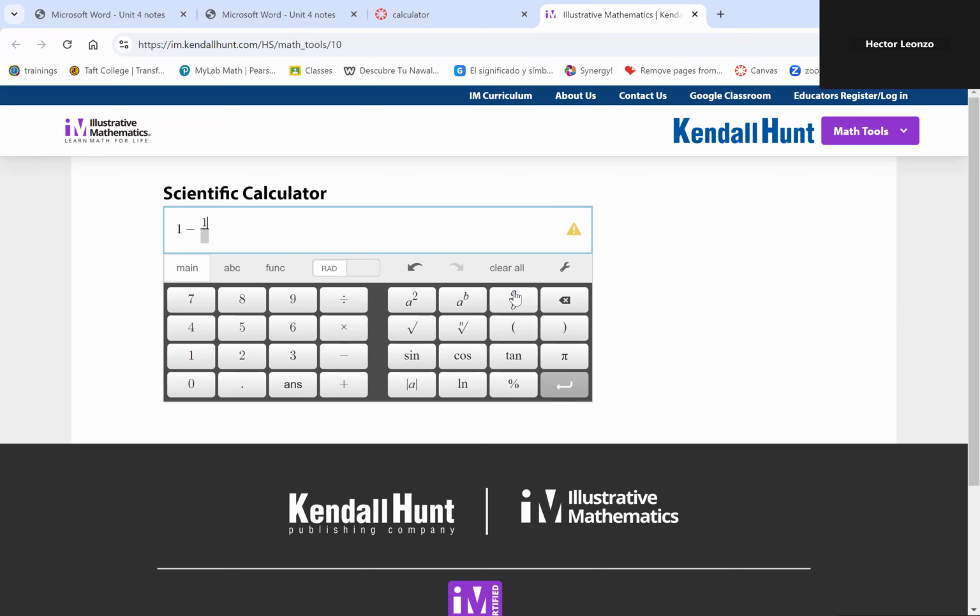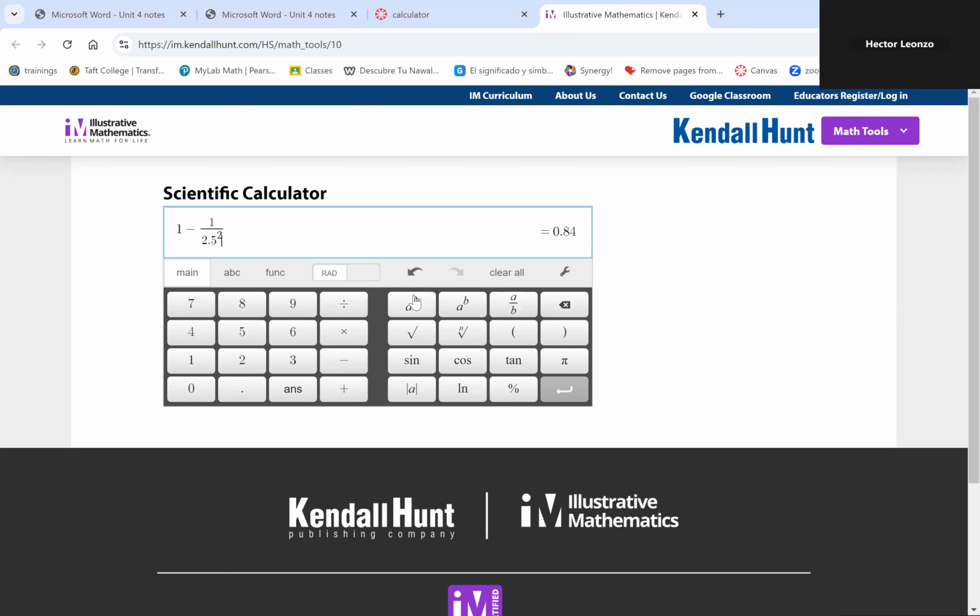Then I have to go 1, click down, 2.5, and then here's my square. Right? That is what I wanted to type in: 1 minus 1 over 2.5 squared. And then look here at the side, 0.84. Cool. It gave me the answer already. Easy to use calculator, right? So make sure you guys use this.